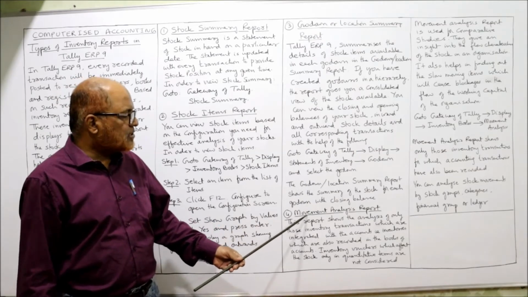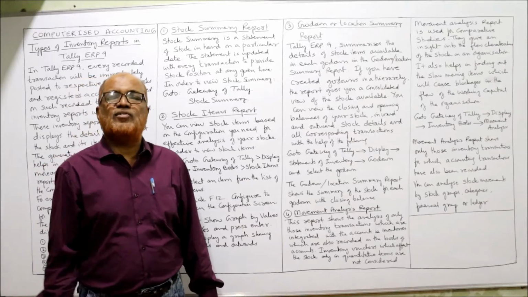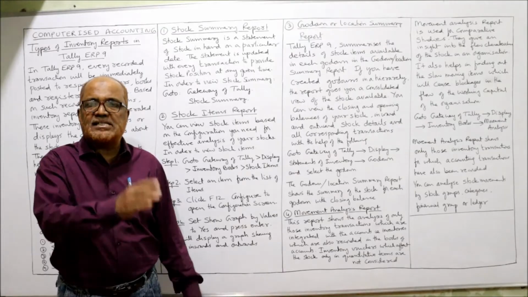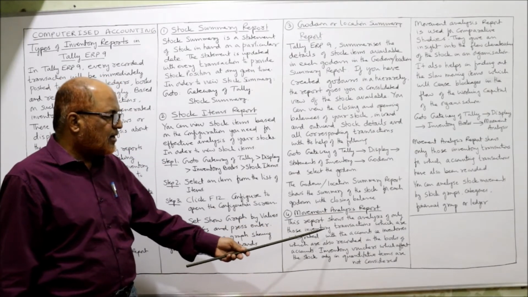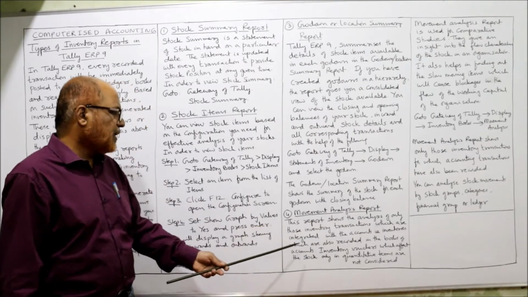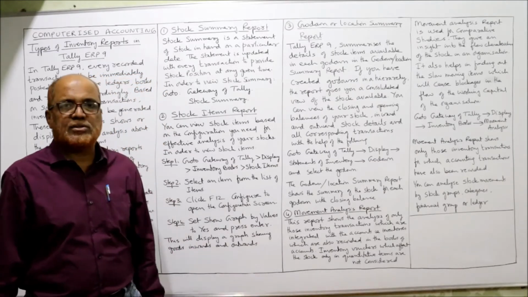Now, the next one is the movement analysis report. Another report which we can make in Tally ERP 9 is the movement analysis report. This report shows the analysis of those inventory transactions which are integrated with the accounts, that is, inventories which are also recorded in the books of accounts.